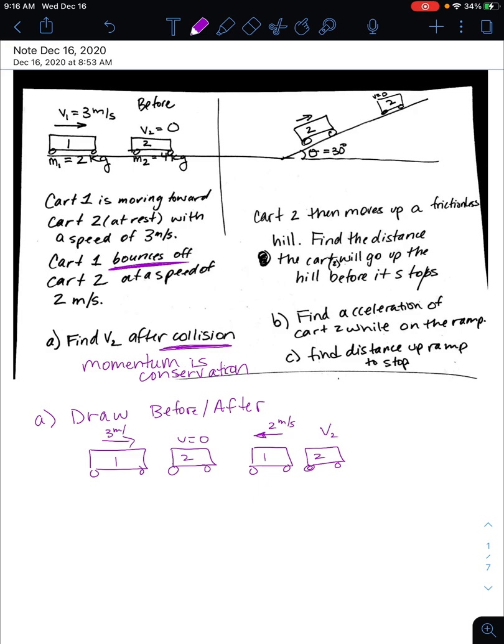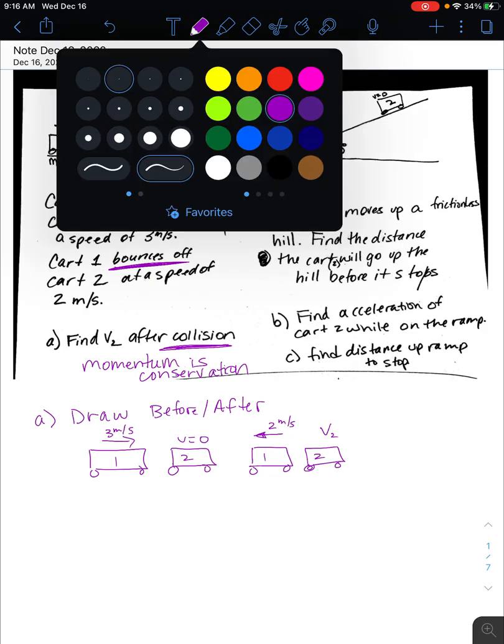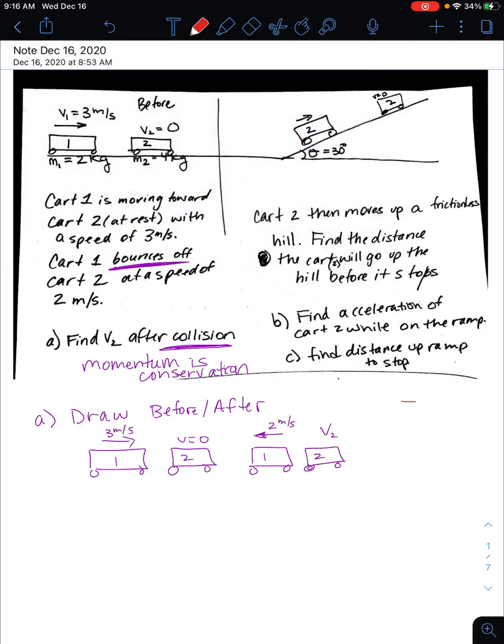It starts off at 3 meters per second. Momentum is a vector. We have to be careful with our signs. We're going to call the direction of the right positive, and the direction of the left negative. So this velocity is actually negative 2 meters per second.